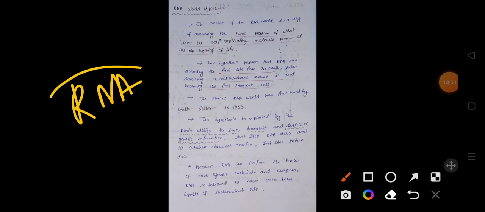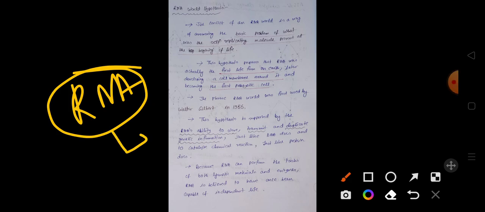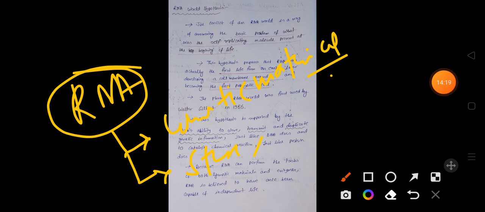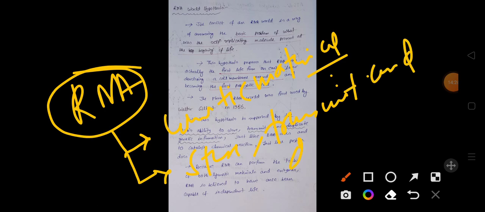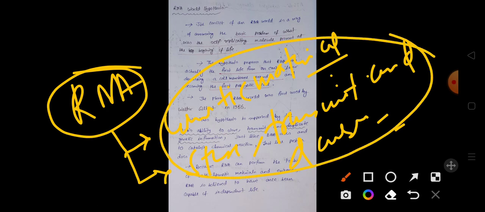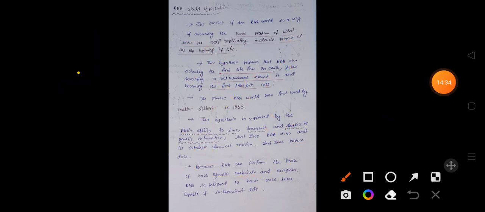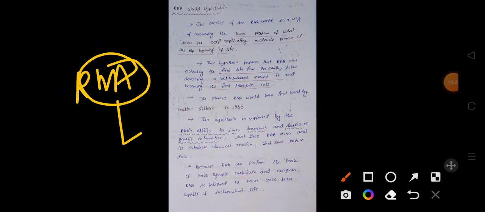And during the discussion of biochemical properties, we have observed that RNA can act as a genetic material, right? Not only that, it can store, transmit, and double genetic information, and these characteristics are also observed in DNA, right? Not only that, RNA can also have catalytic activity, which is enzyme-like activity.